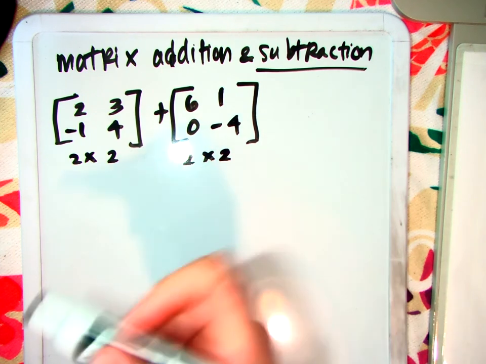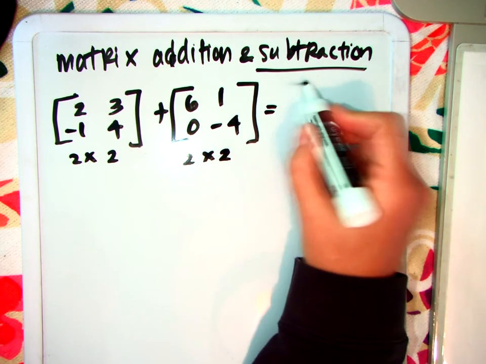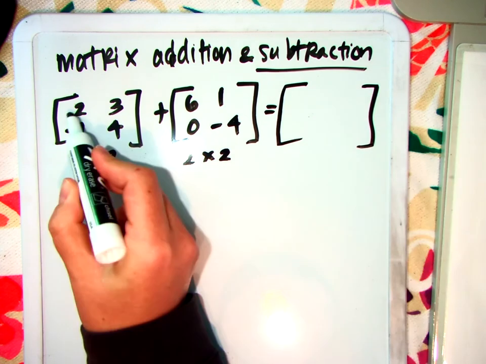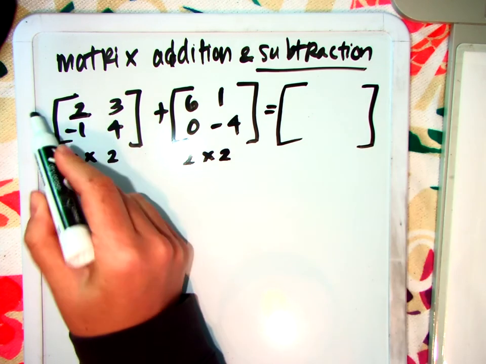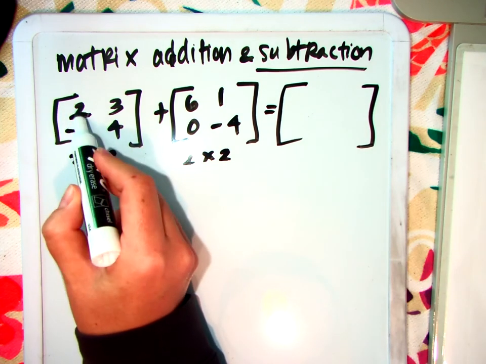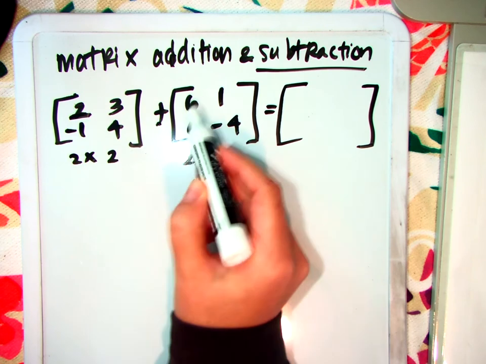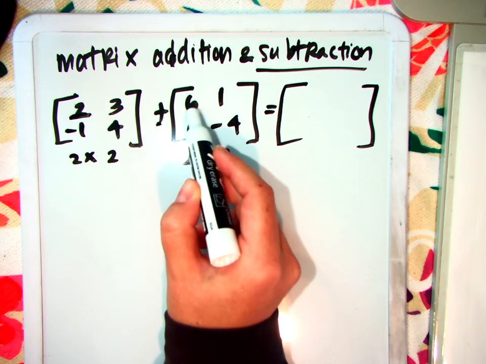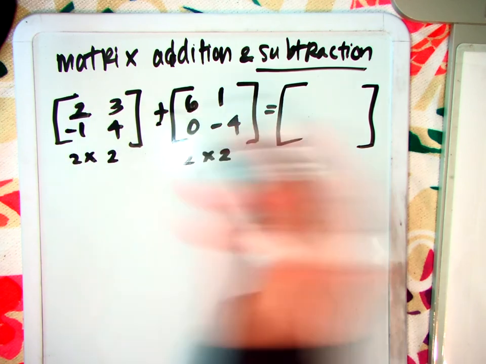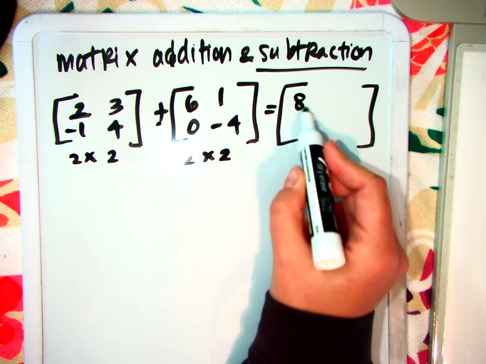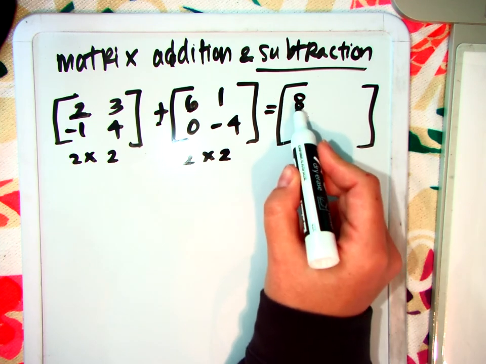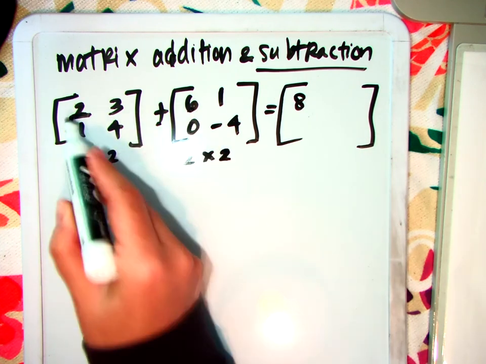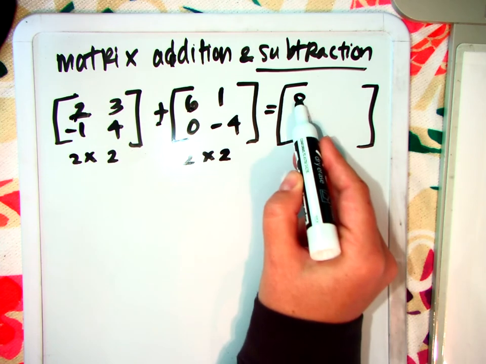All you do is combine the corresponding entries. So if this entry is in the first row, first column, I'm going to add it to the entry in the first row, first column of the second matrix. So what's 2 plus 6? And then I put the answer in the same corresponding location. So I add these two together, and I put it in that spot in the new matrix.